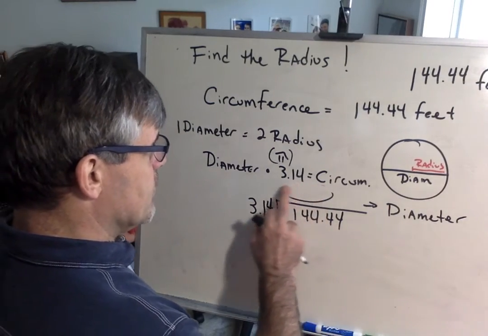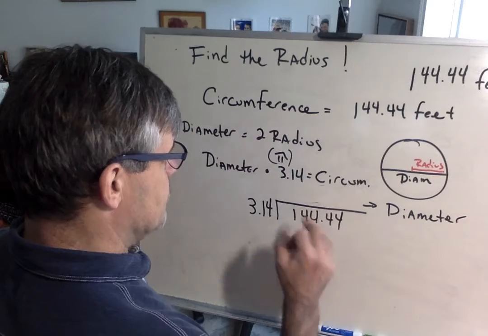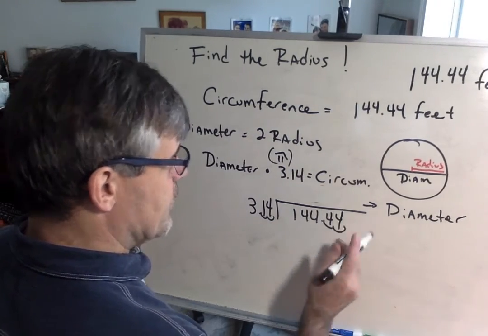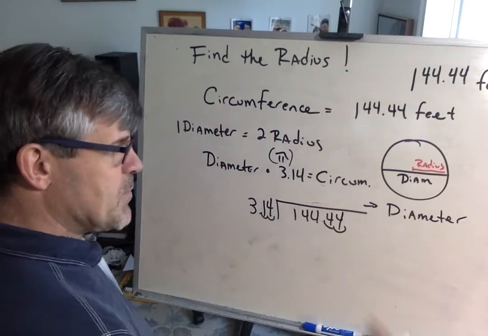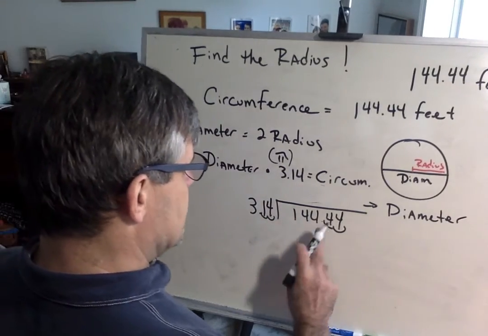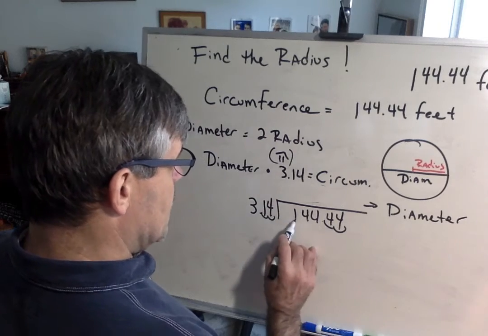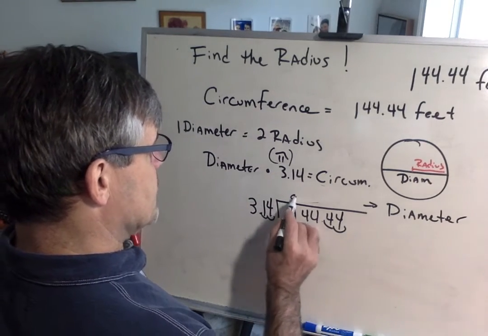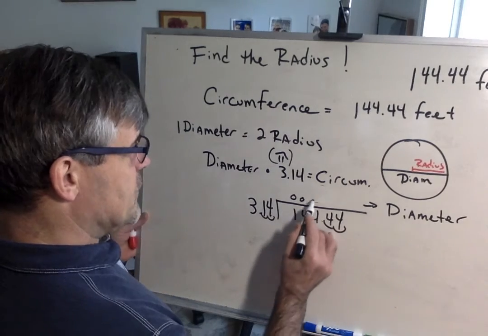So let's do the work right here, right? Move this over, move this over, move this over. Basically I multiplied both numbers by 100 to get rid of the decimal place. Now, 314 doesn't go into 1, so that's a 0, this is also a 0, this is also a 0.